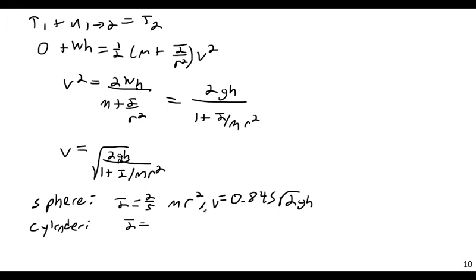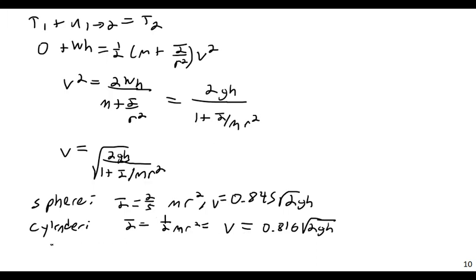For the cylinder, I is 1/2 mr squared, which plugging and chugging yields v equals 0.816 times the square root of 2gh.